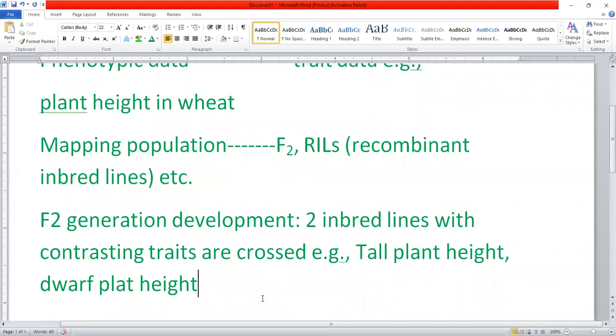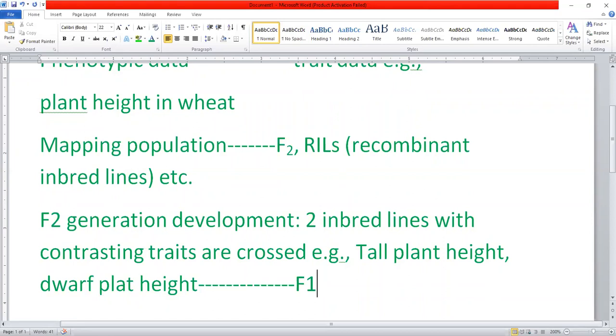These two plants are crossed, and by crossing these plants we get the F1 generation. The F1 generation will be heterozygous but homogeneous. Heterozygous, it will have two forms of the alleles present at every locus, but all the plants will have the same morphology, homogeneous.